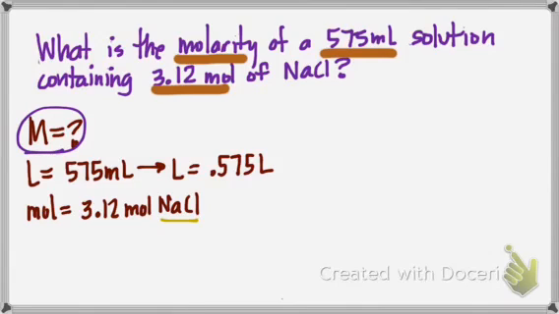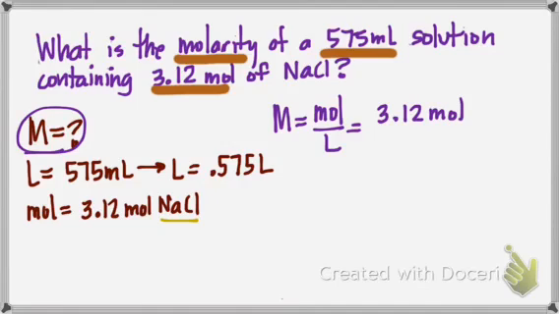I have my liters and I have my moles. So I look, and my formula is going to be molarity equals mole over liter. So we do what I call plug and chug, and so I'm going to have 3.12 mole divided by 0.575 liters.